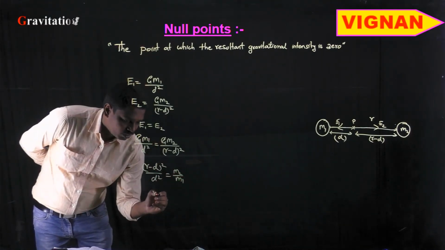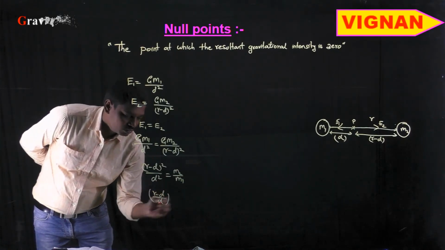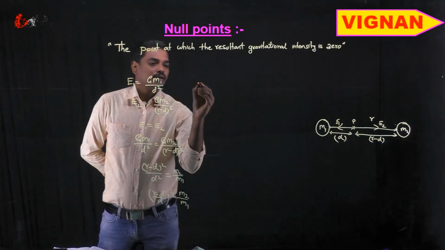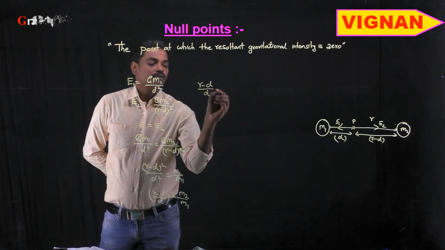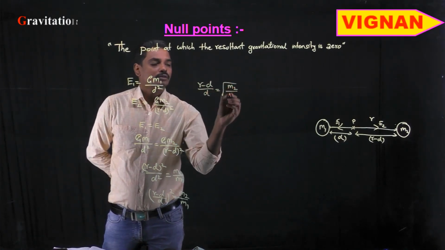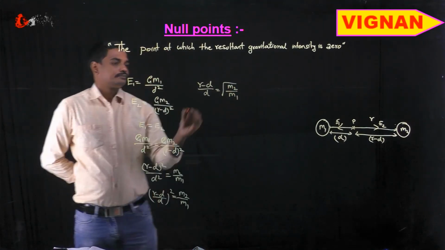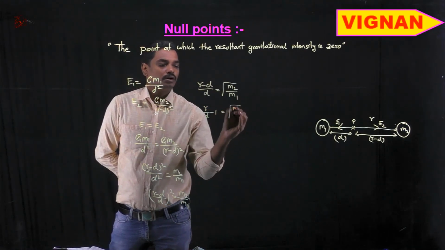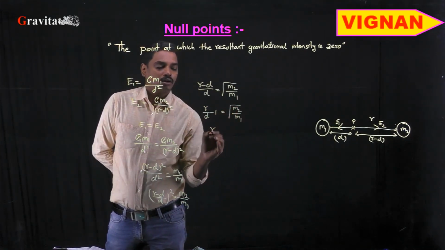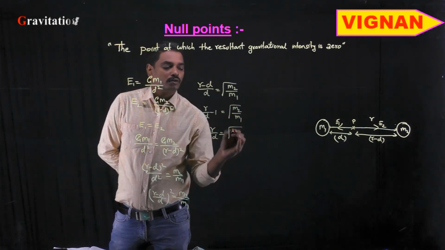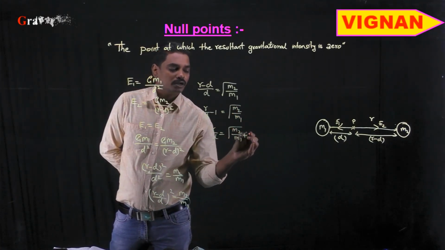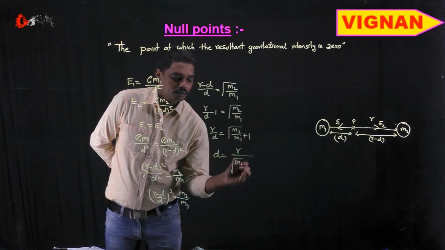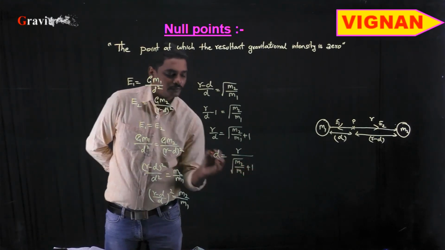Okay, so r minus d by d whole square is equal to m2 by m1, which we can rewrite as r minus d by d is equal to root over m2 by m1. So we can write it as r by d minus 1 is equal to root over m2 by m1, or r by d is equal to root over m2 by m1 plus 1, or d is equal to r divided by root over m2 by m1 plus 1.